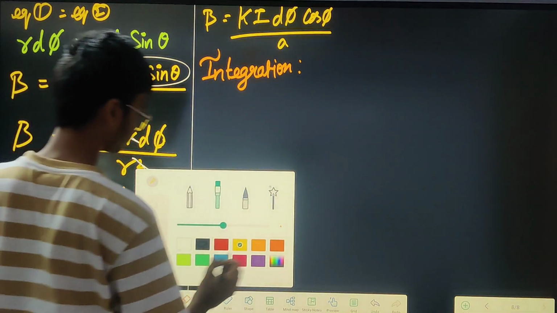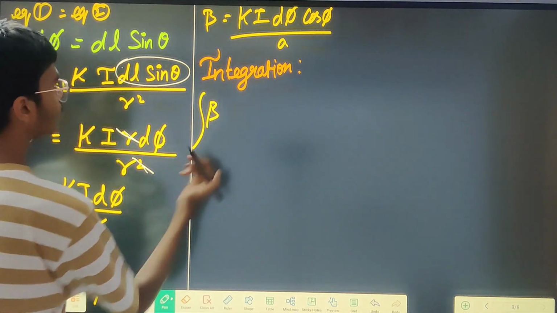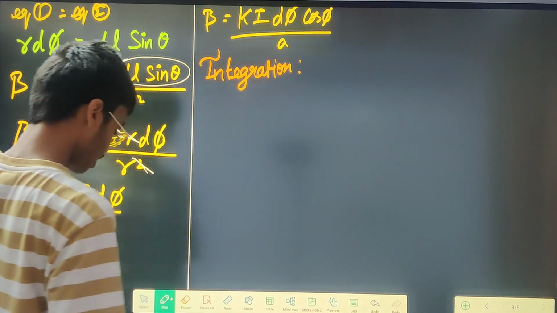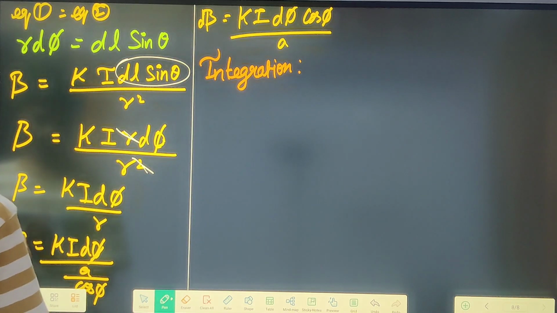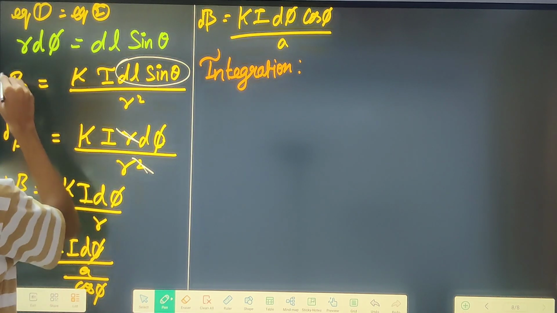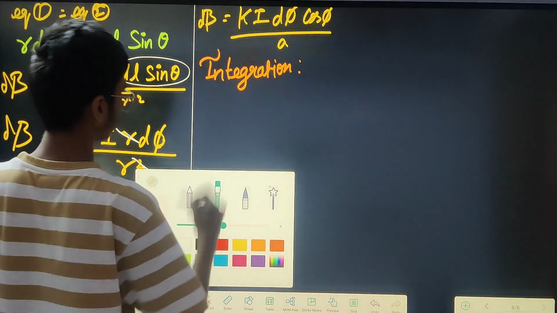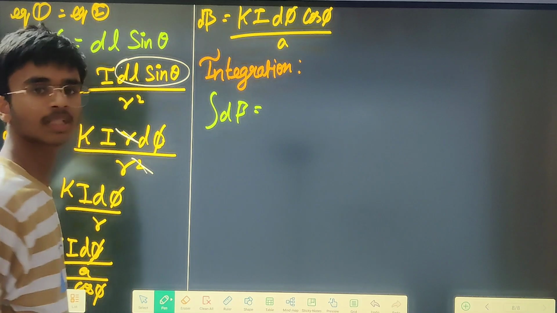Now integration takes place. So this you cannot integrate as there is nothing to be integrated over there. Well, you can take it as dB. If you are taking dB, then you can integrate it, and the integration of dB will be B itself.